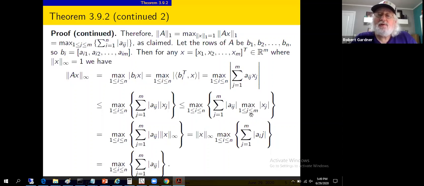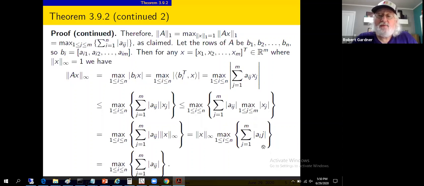Ultimately, let's see, first, hey, maximum of the absolute value of the components. That's the L infinity norm of this vector. These were components of vector x. So this maximum of the absolute value becomes the L infinity norm of vector x. Now let's take it outside. Okay, so it comes outside. It was constant.